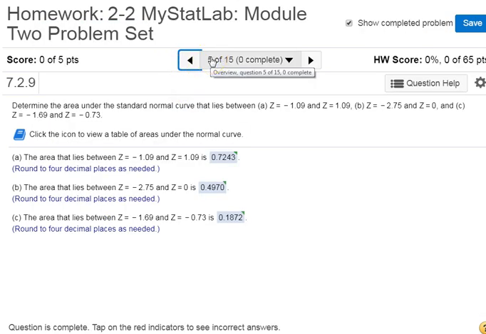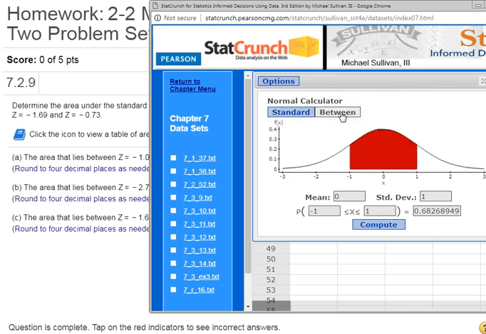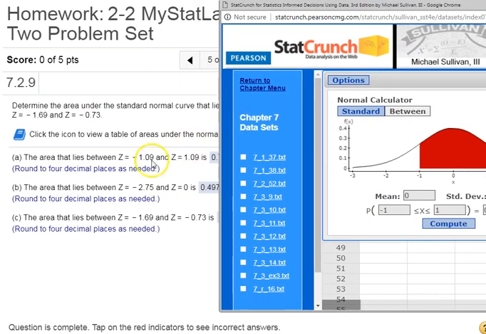Number 5 built off of number 4. Now we're looking at the area under the standard normal curve that is between two z-values. First, to show in StatCrunch, if you click on Between, and we have a mean of 0 and standard deviation of 1 because we're dealing with z-scores on the standard normal distribution, you now have the option to enter two z-values: negative 1.09 and positive 1.09.